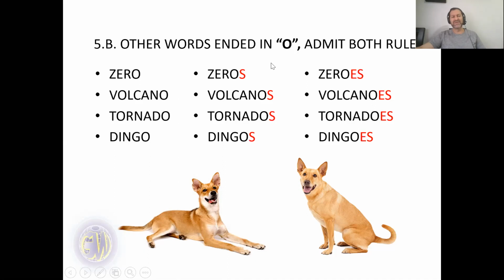So you have this. Other words ended in O admit both rules. Admit both rules. Okay, so we have zeros with S or zeros with ES. Volcano, volcanoes, tornado, tornadoes, dingo, dingoes.